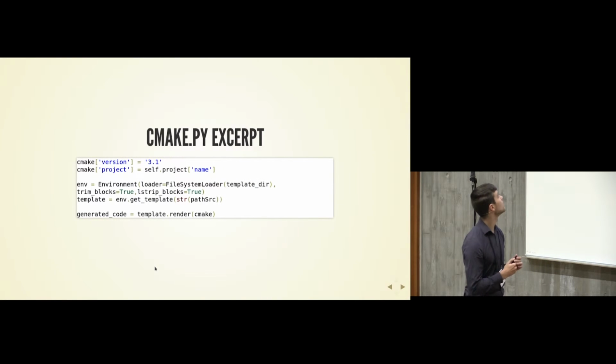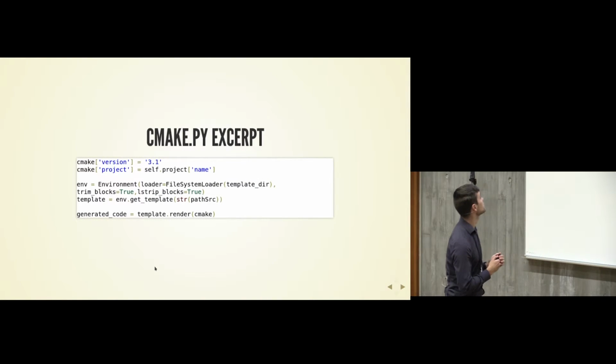So here you can see an excerpt from the CMake.py script. You can see that I have a dictionary here. I assign it some values. Before that, I've, of course, imported the Jinja module. And then I just prepare the environment.